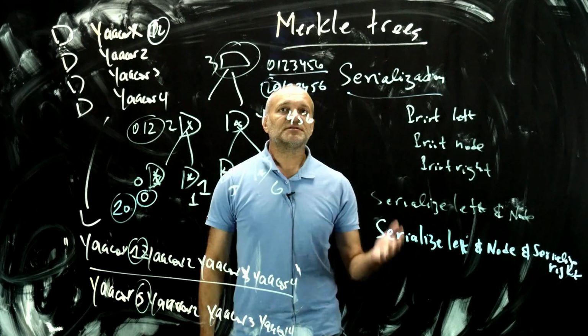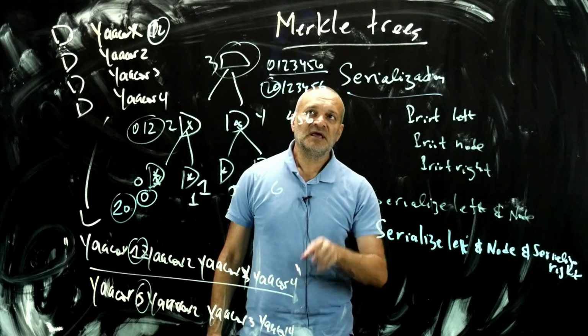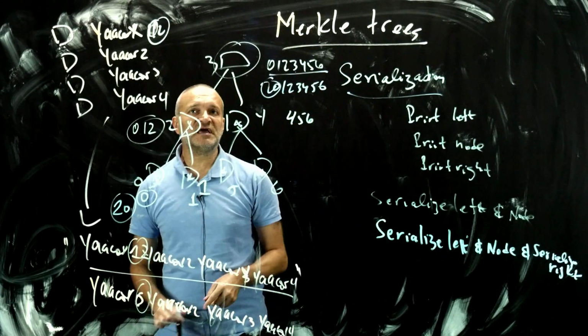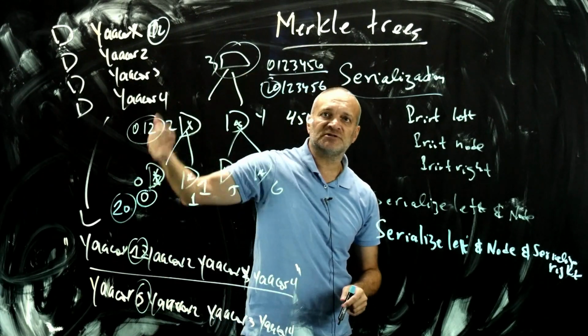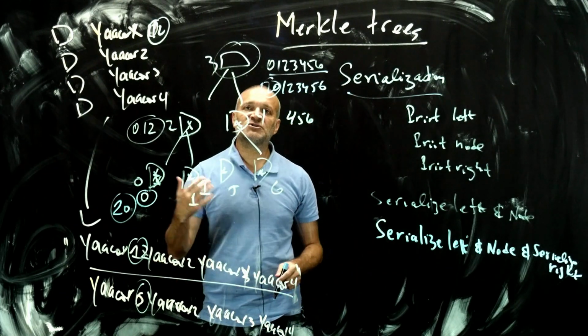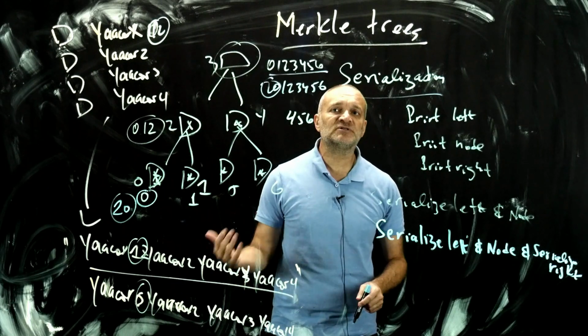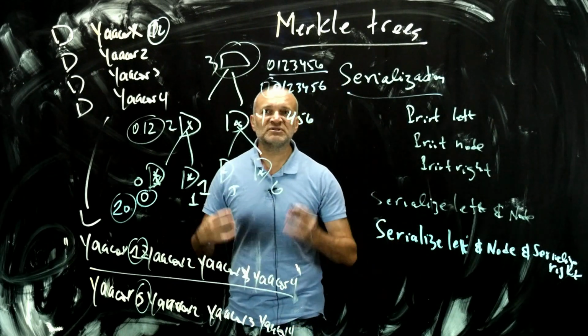Now, suppose you do not want to expose the content. The problem with this serialization is that you expose the content of the tree. For security purposes, if you don't want to expose the content, what do you do then? Well, then you use cryptography.